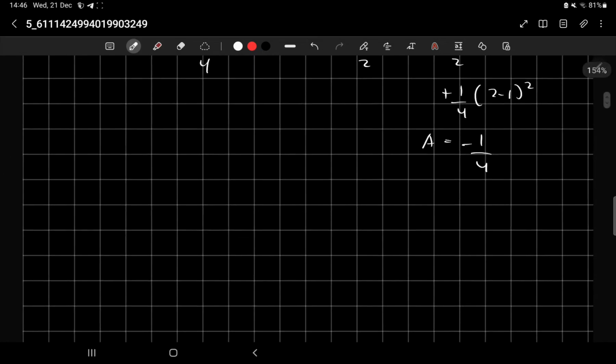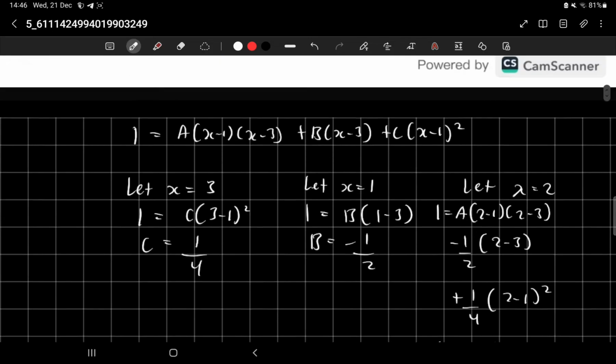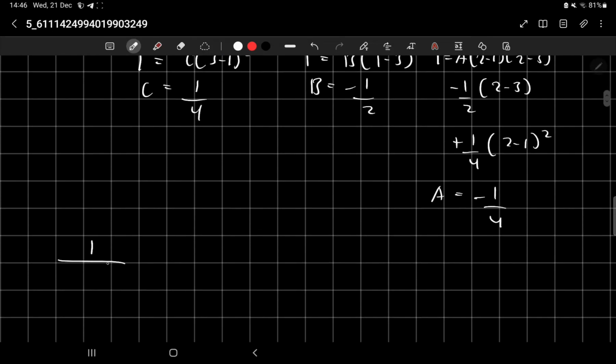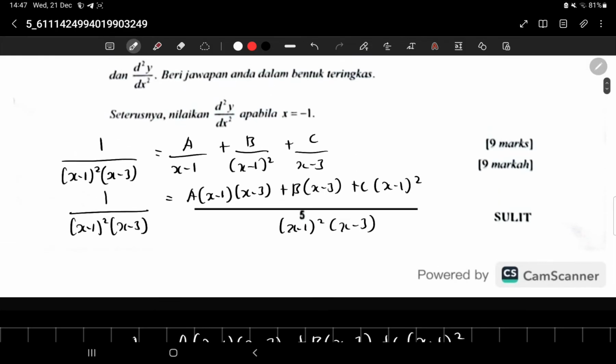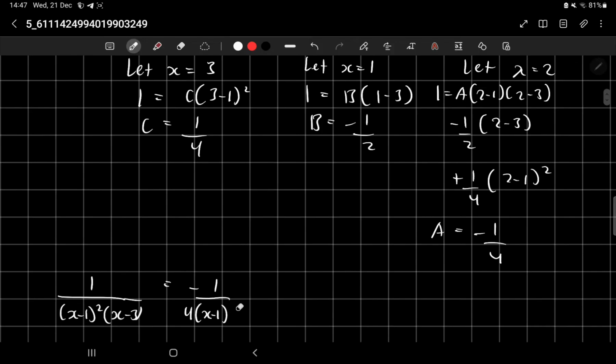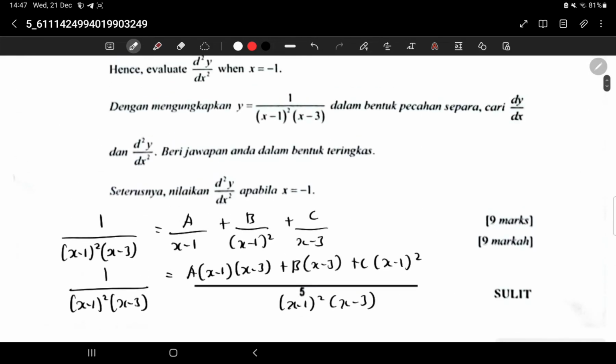So basically, for 1 over (x minus 1)(x minus 1) squared and (x minus 3), we should get negative 1 over 4 times (x minus 1) minus 1 over 2 (x minus 1) squared.